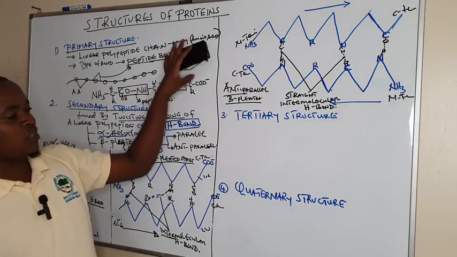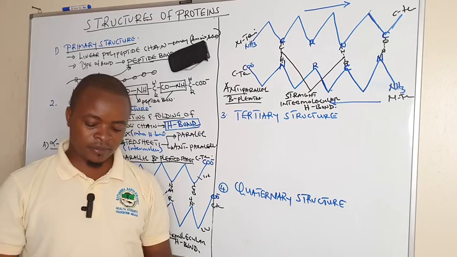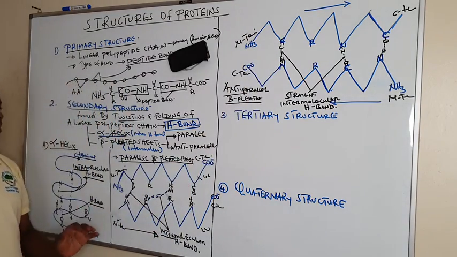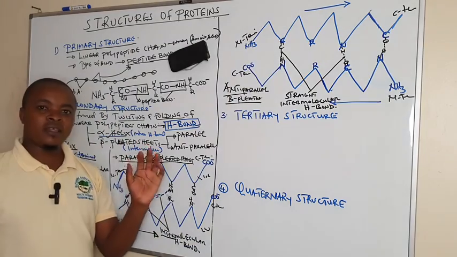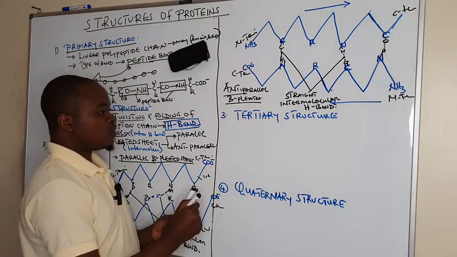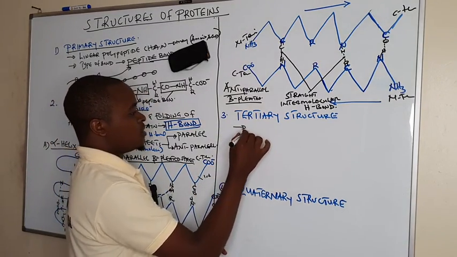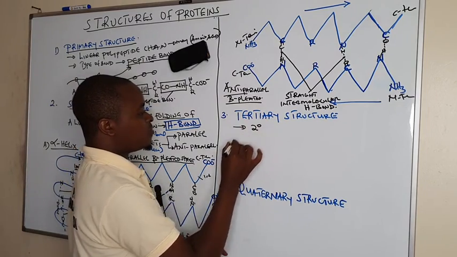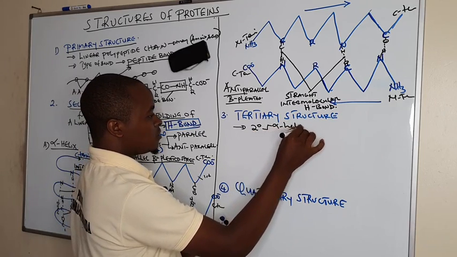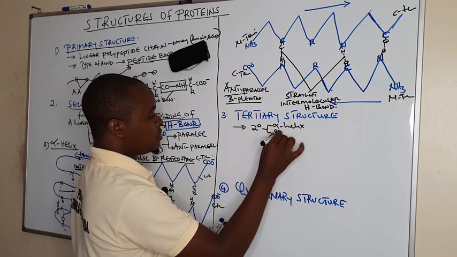So after finishing secondary, we are now going to look at the tertiary. Because these secondary structures we have formed, the beta pleated sheets and the alpha helix, can undergo further folding and twisting. So we are seeing the secondary structure formed whereby we had the alpha helix and the beta pleated sheet.